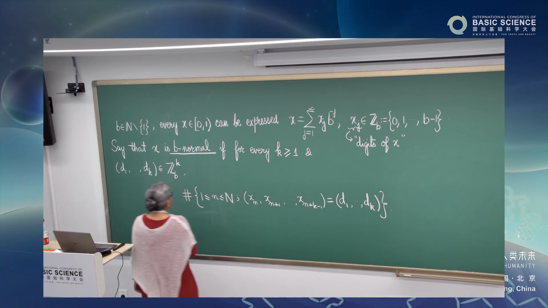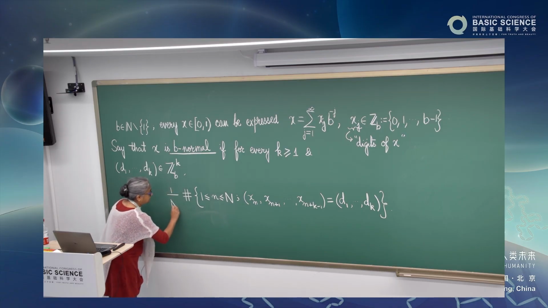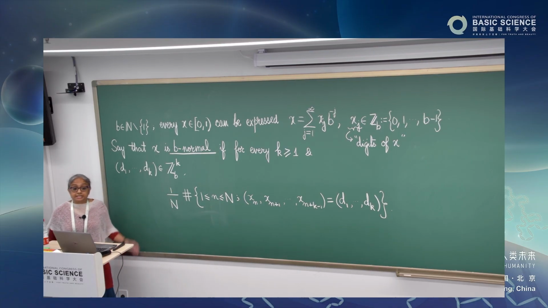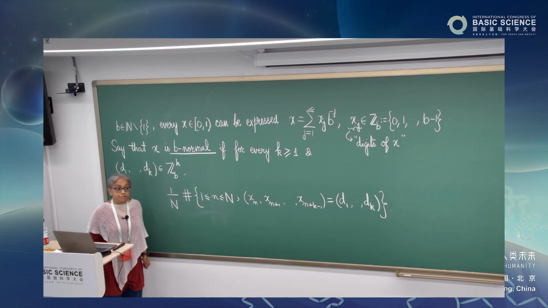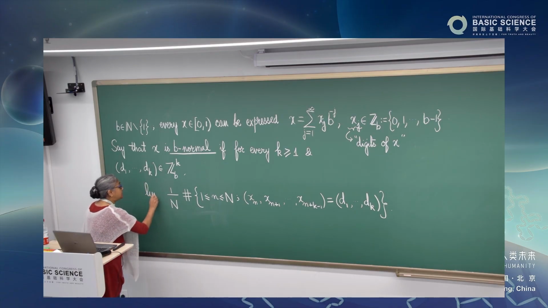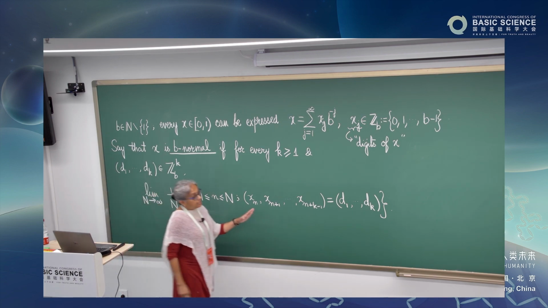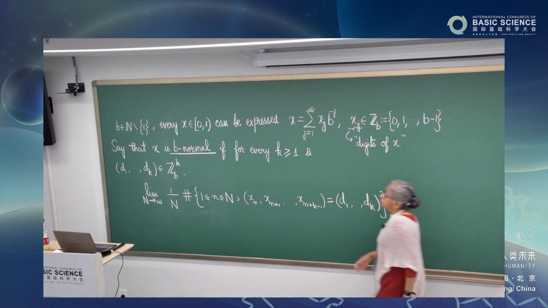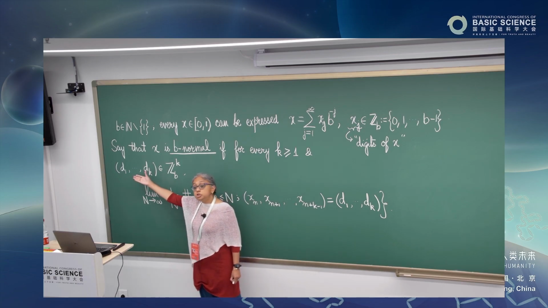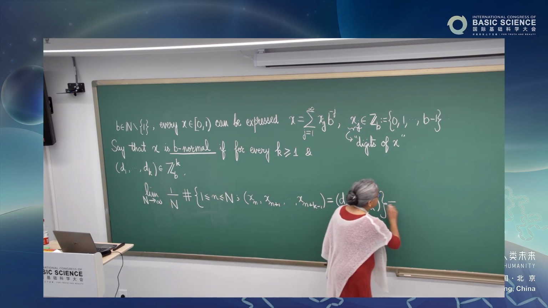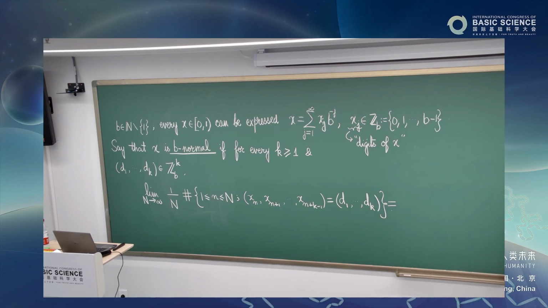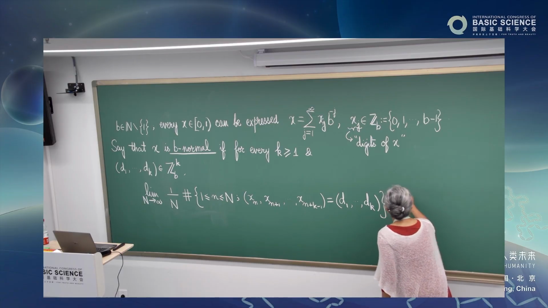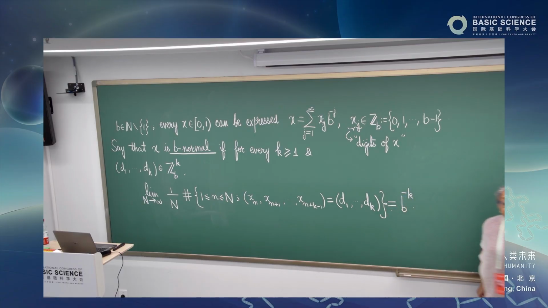We look at the proportion of such digit sequences among the first capital N natural numbers, and we take the limit as N goes to infinity, and we want this limit to exist, number one, and not depend on which digit sequence you chose. So you tell me, what should this limit be? Exactly, thank you. It has to be 1 over b to the k.